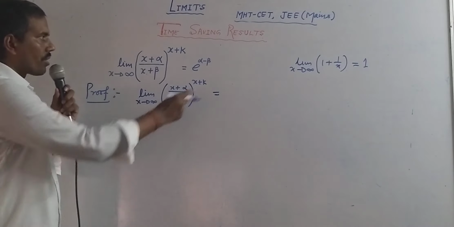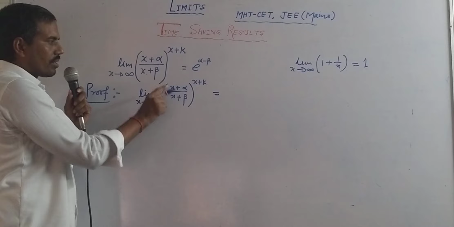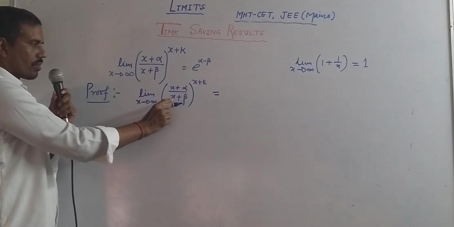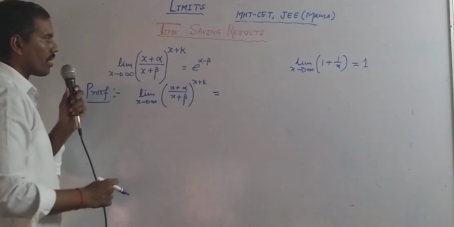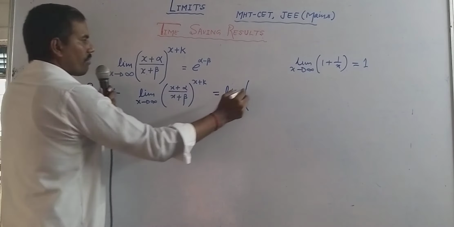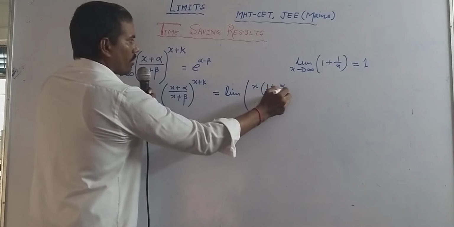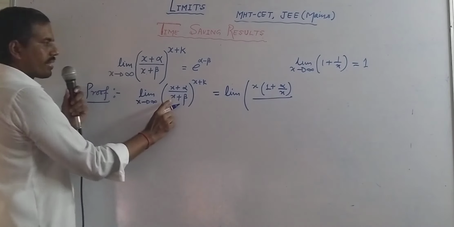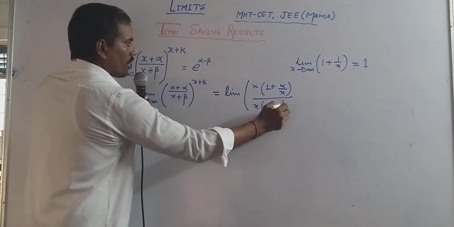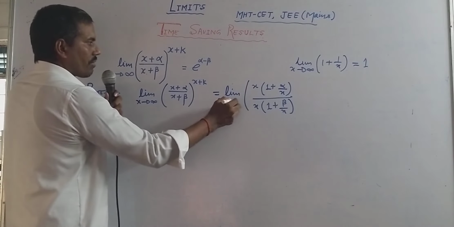And so for this we have to make the first term 1 in the numerator and in the denominator, which is x. Limit of x plus alpha: taking x as common, we get 1 plus alpha divided by x in the numerator, and taking x as common in the denominator, we get 1 plus beta divided by x, and our limit x tending towards infinity.